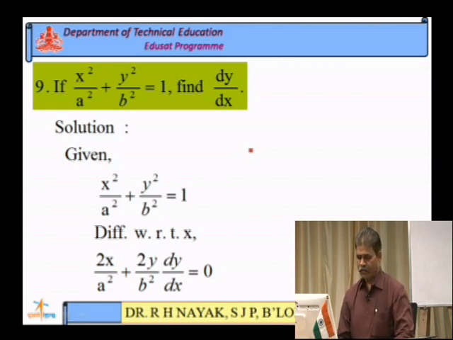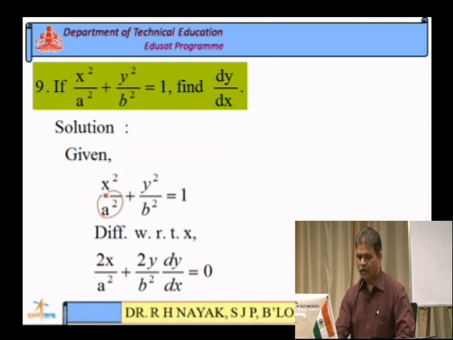x square by a square plus y square by b square is equal to 1. Find dy by dx. The coefficient we have to take aside.